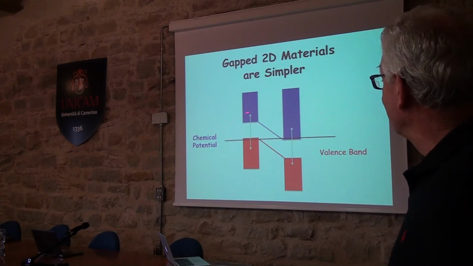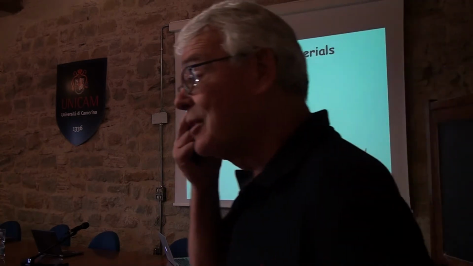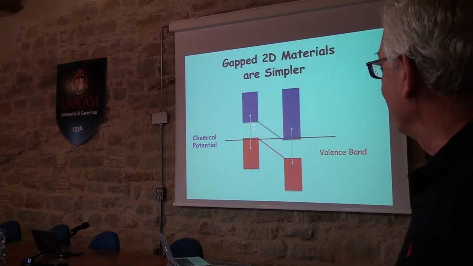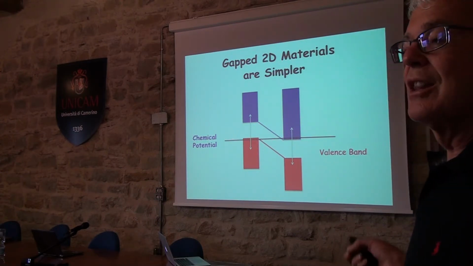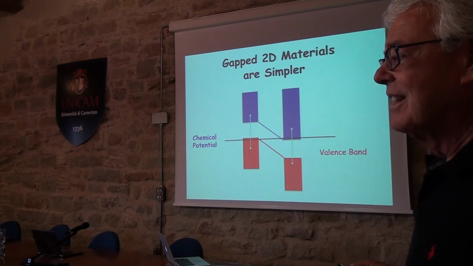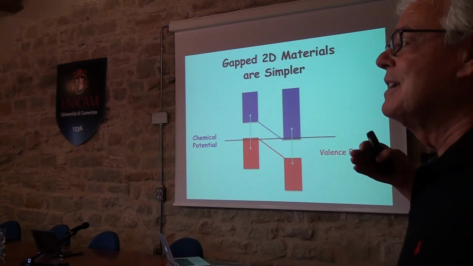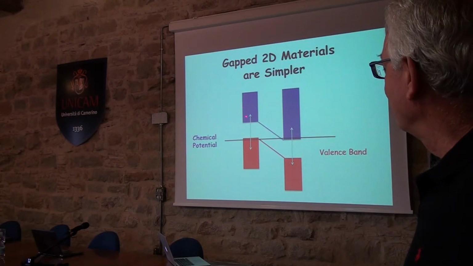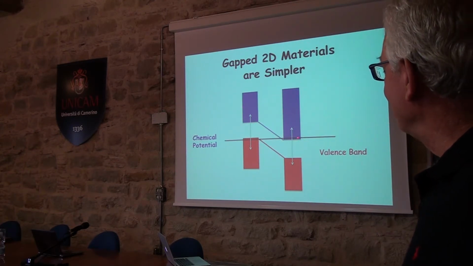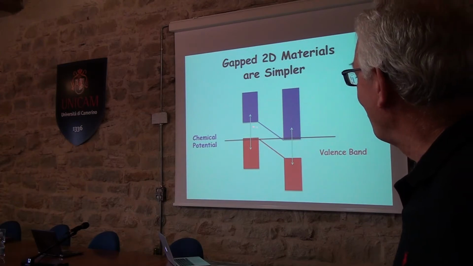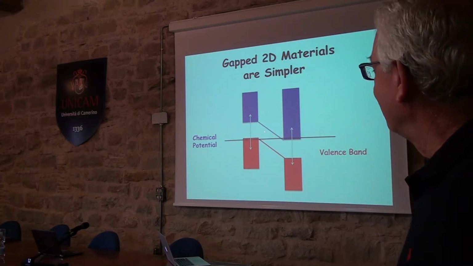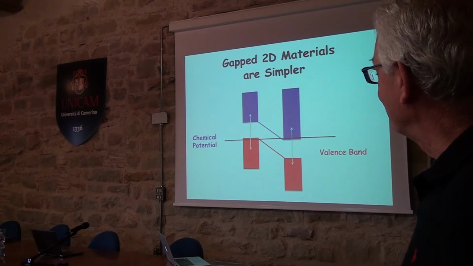Transition metal dichalcogenides are attractive. They're also two-dimensional materials. They have a lot of the same advantages as graphene. But the point I'm trying to make with this picture is that the problem of graphene is very different from the normal BEC BCS crossover problem, because when you go to low density, if you don't have a gap in each layer, so this is a system with a low density of holes in the red layer and conduction band electrons in the blue layer.